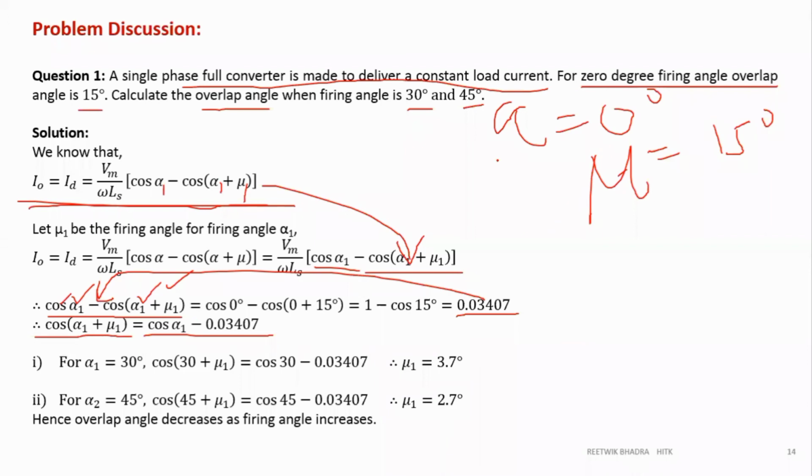Then you substitute these values. Alpha is equal to 30 degree. Rather, it should be alpha 2 and this should be alpha 3, because alpha 1 is already taken. So alpha 2 is 30 degree. Substitute over here: cos of 30 plus mu 2 is equal to cos 30 minus this one. From here you can do your calculation and find out your mu 2.